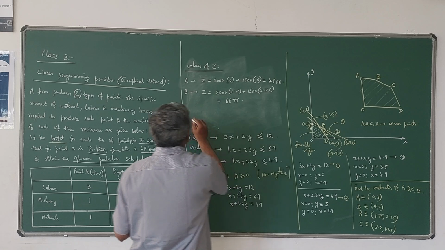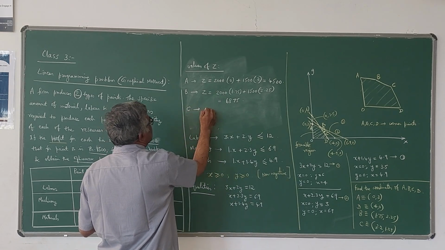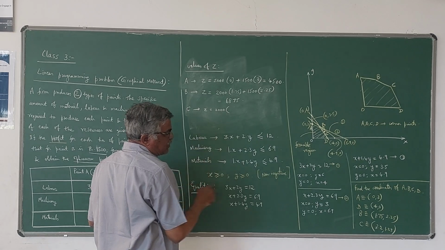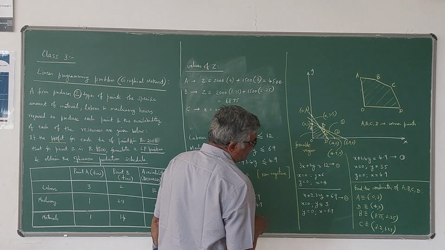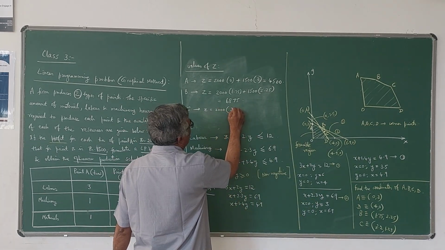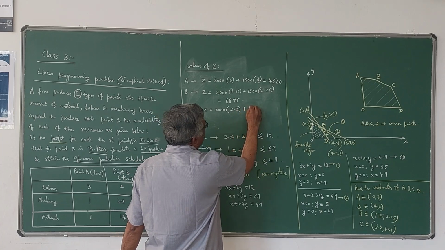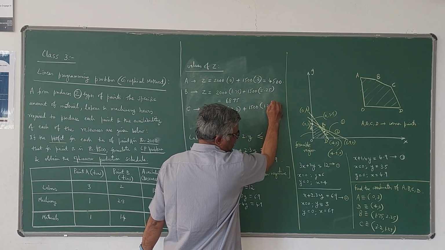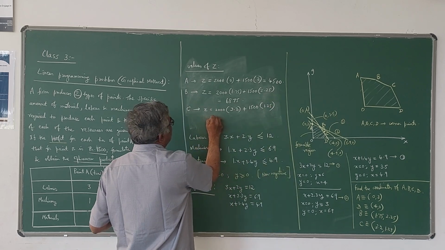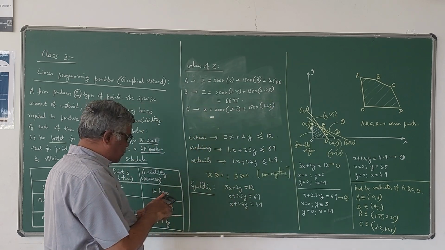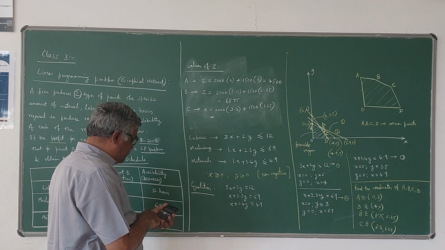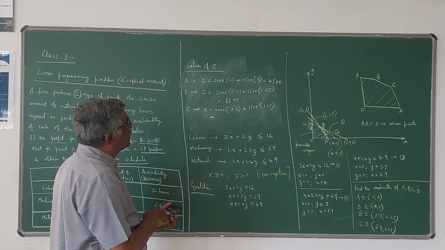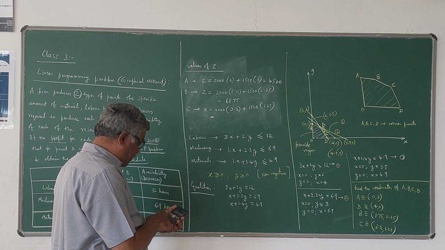Next at C, Z is equal to 2000 into 3.2 plus 1500 into 1.25.